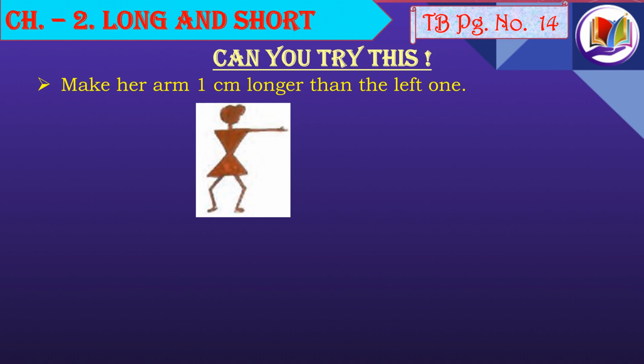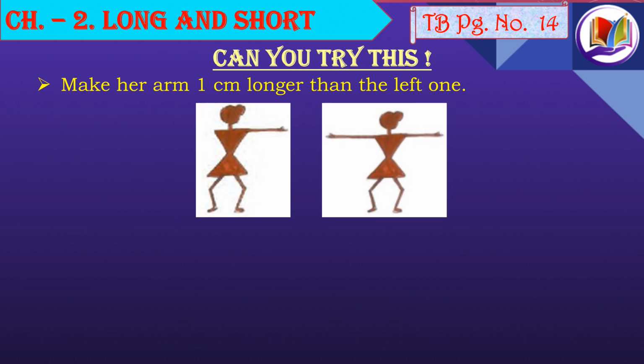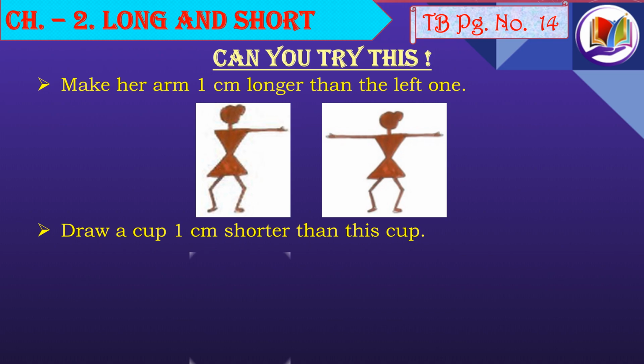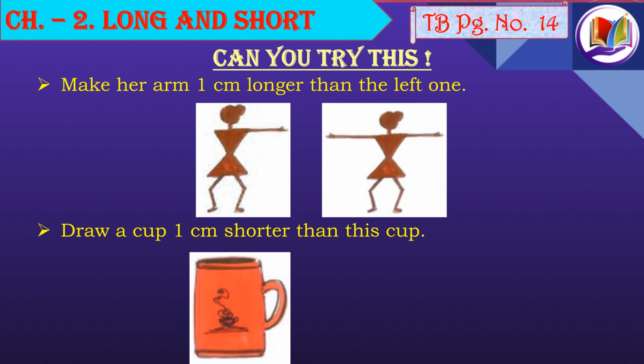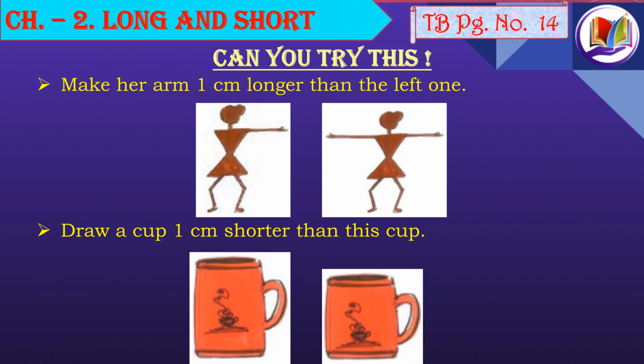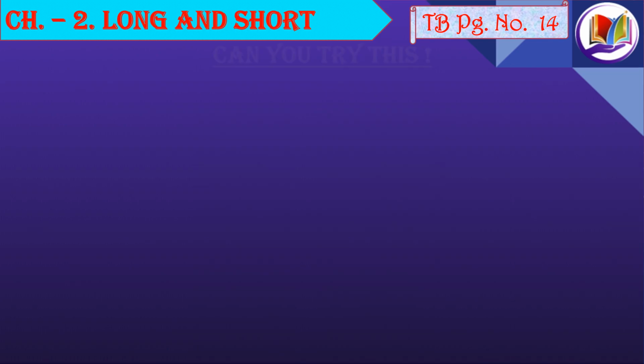So you can see the right arm is longer than the left one. So let's try the next one now. Draw a cup 1 centimeter shorter than this cup. Well, so here is our cup 1 centimeter smaller than the first one. Let's go ahead and see some more like this.